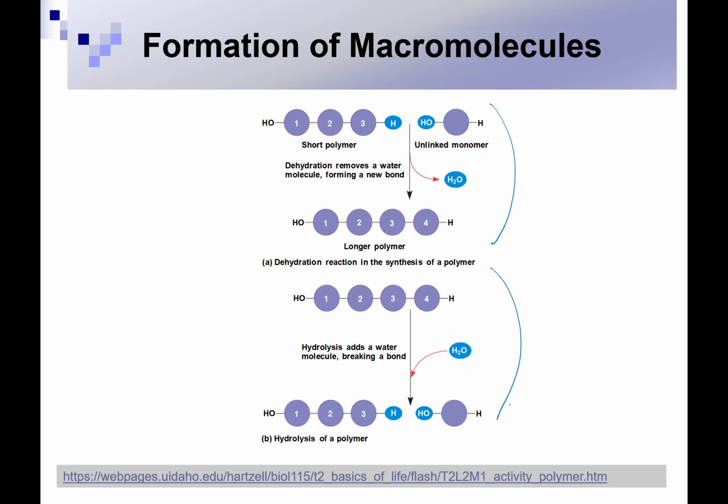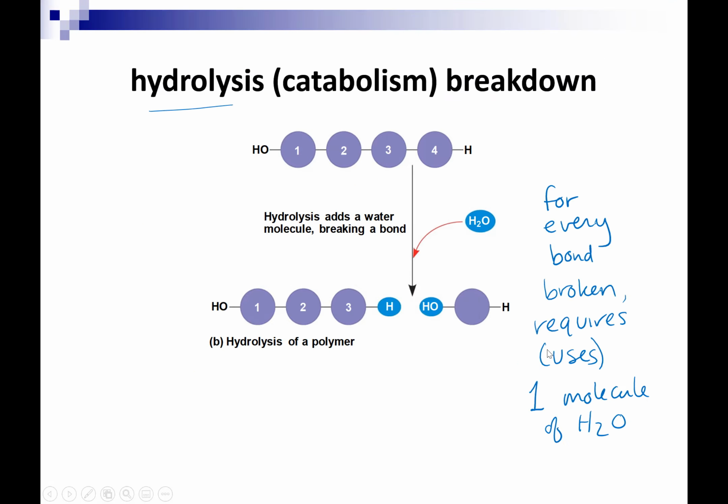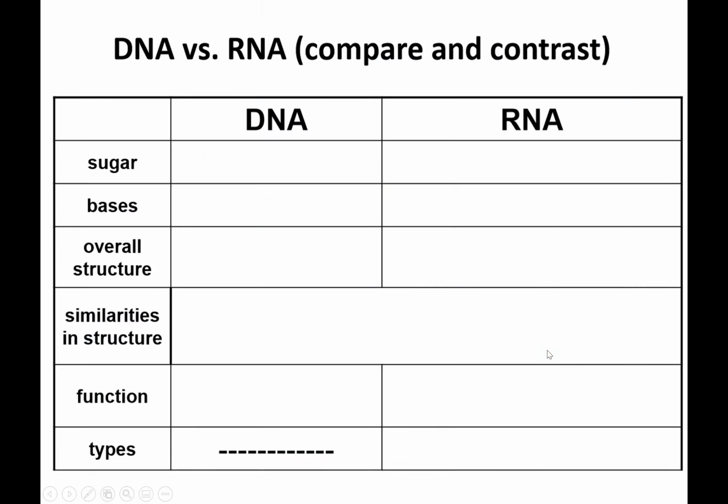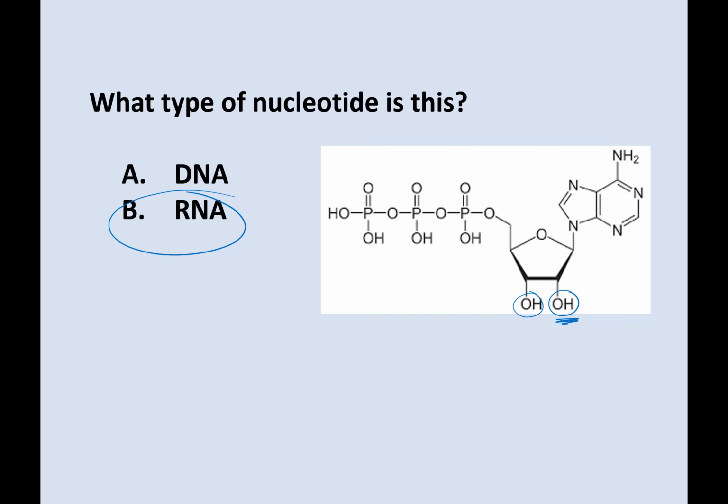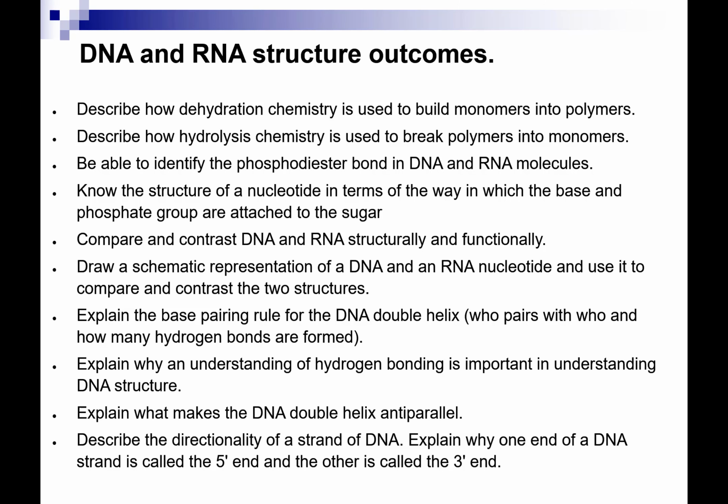Dehydration synthesis and hydrolysis. Be able to identify the phosphodiester bond in DNA and RNA. We just went through that with the problem. Know the structure of a nucleotide in terms of the way in which the base and the phosphate group are attached to the sugar.